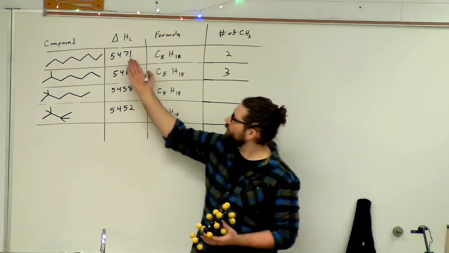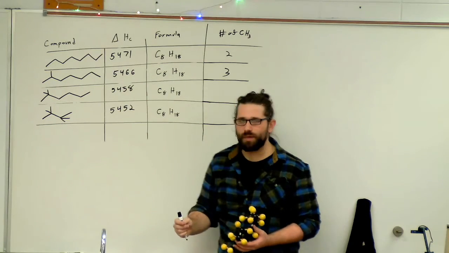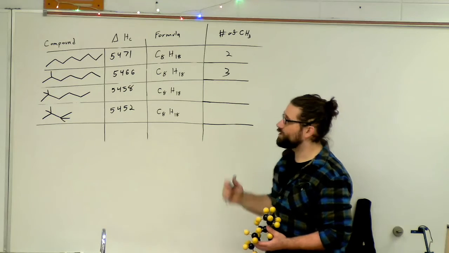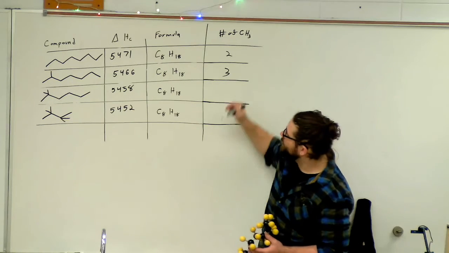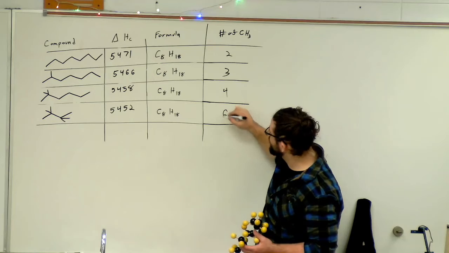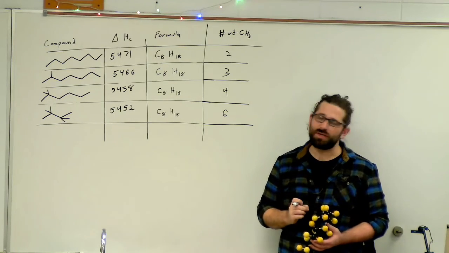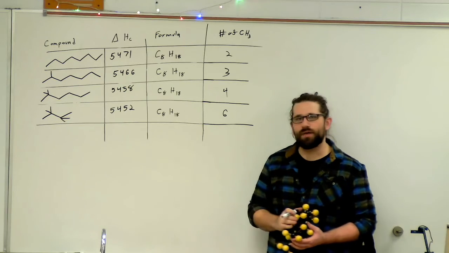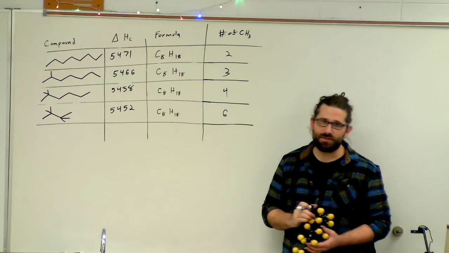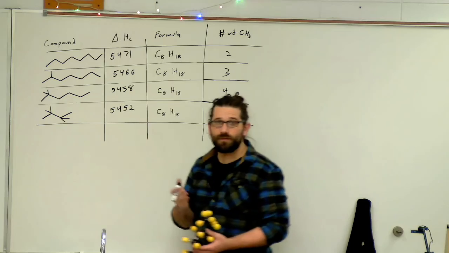And so if we look at our enthalpy of combustion and look at our number of CH3s, which keeps increasing, the next one is 4, last one is 6, what is the relationship between the number of CH3s and the stability of that molecule? Make sure to graph this and then watch the next video for the overview.